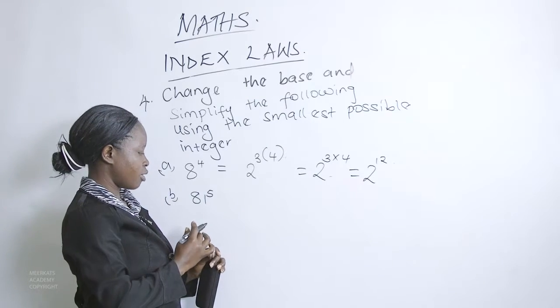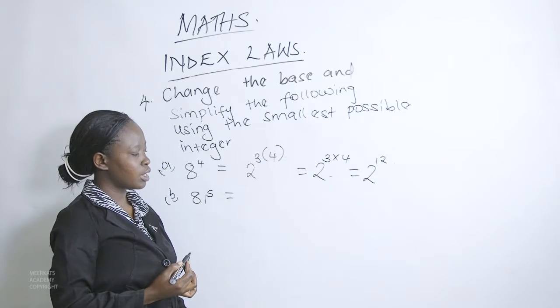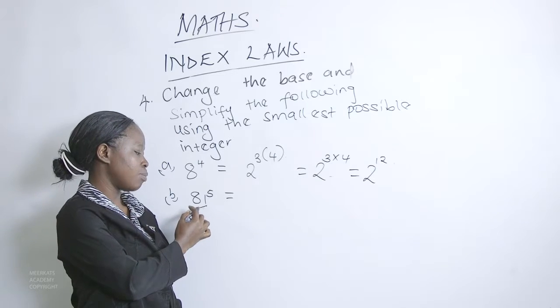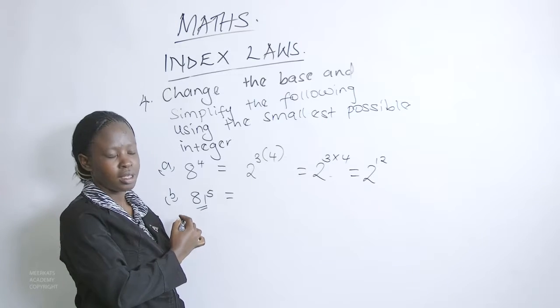Next, I have 81 to the power of 5. So I need to find out the factors that are making up 81 for me to get to know what is the smallest possible integer in this case.